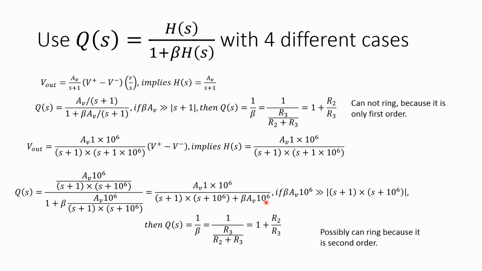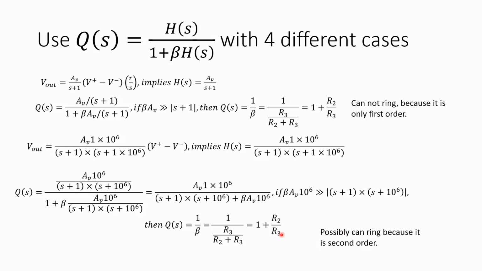So now it's this. If this whole thing is greater than the magnitude of that, we will get this gain. Now, if you have a high gain, beta will be small, and your usable frequency range will be reduced.